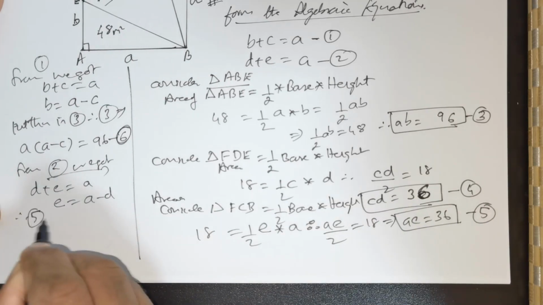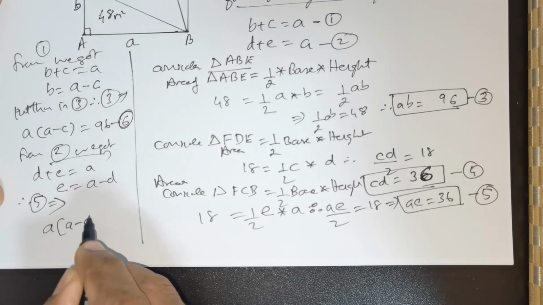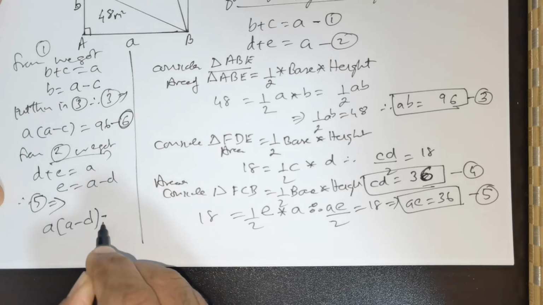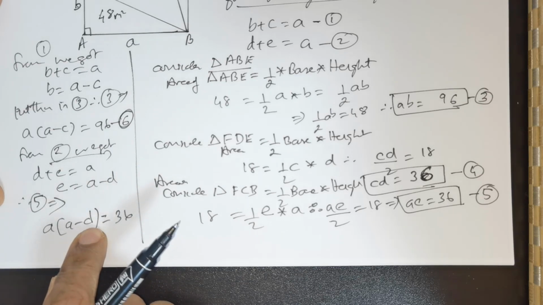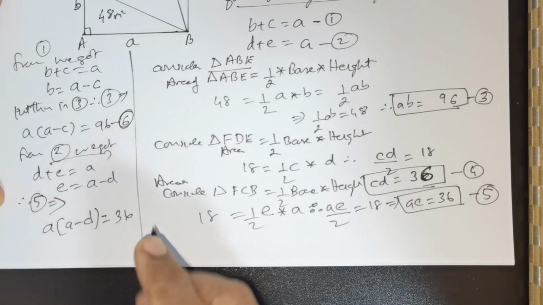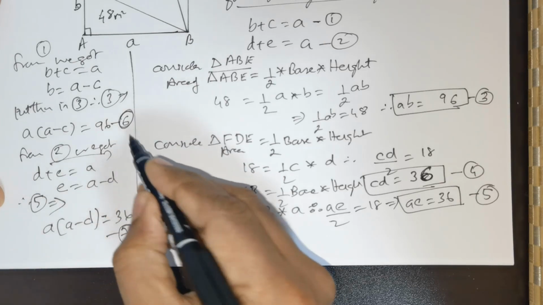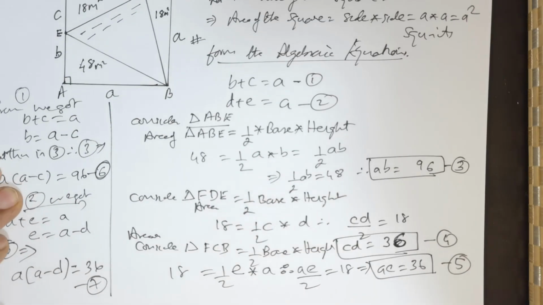So therefore 5 is rewritten as A times A minus D is equal to 36. So I got 6 and let me name this as 7. Now I'm going to consider 6 and 7. Let me go to a new page.